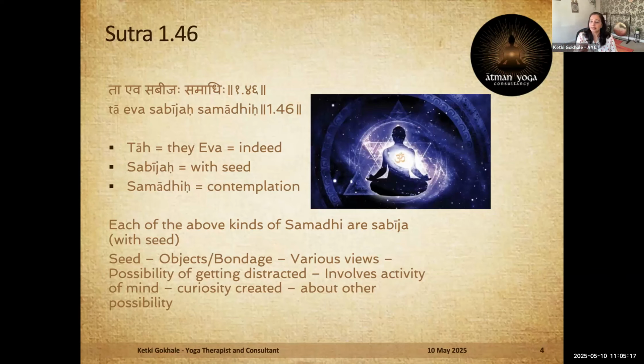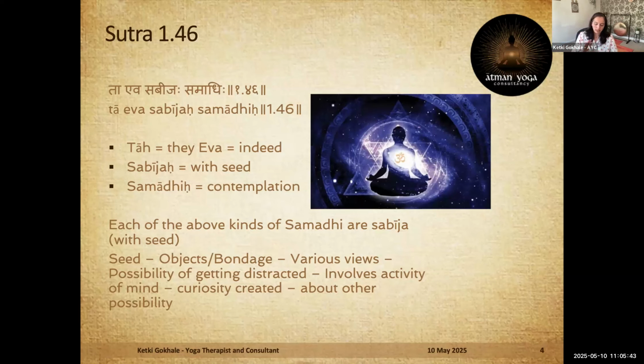This sutra tells what kinds of samadhis these are. Ta eva sabija samadhihi. So they all indeed, the contemplations, the samadhis, are with seed. That is the sabija samadhis.